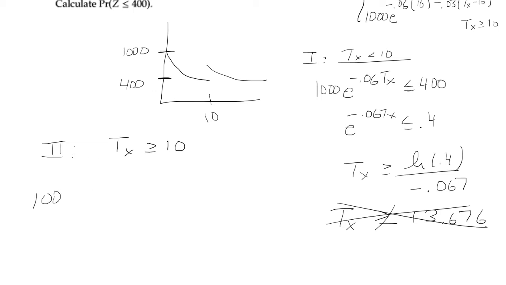The present value, we said, is 1,000 times e to the negative 0.06 times 10 minus 0.03 times Tx minus 10. And we want that to be less than or equal to 400. So we'll divide both sides by 1,000 e to the negative 0.06 times 10.